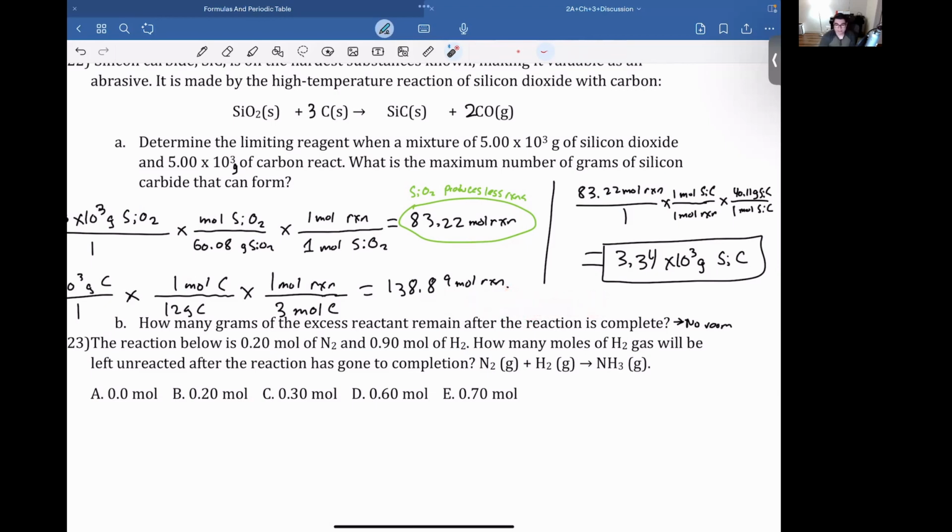Then you go from moles of reaction to grams of carbon: you multiply by 3 to get the moles of carbon left over, and then multiply by the molar mass to get the mass.